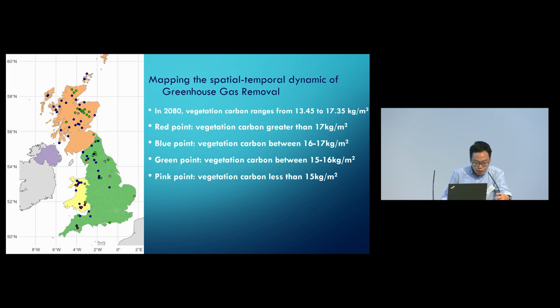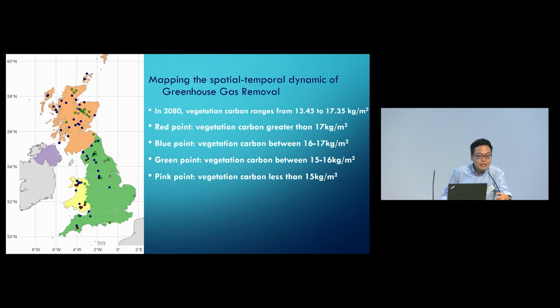And the blue points are the most common ranges of carbon removal, which could be seen across Scotland and the UK. Green points and pink points are the least efficient points, which is more seen in North Scotland.